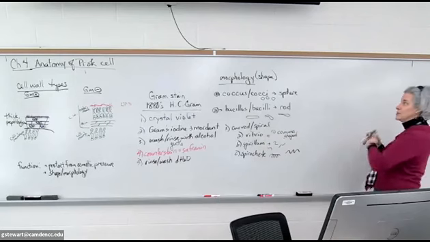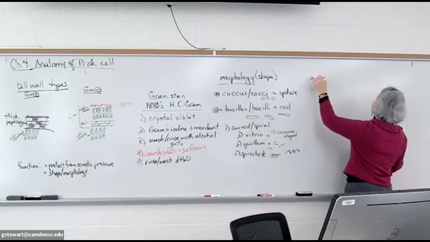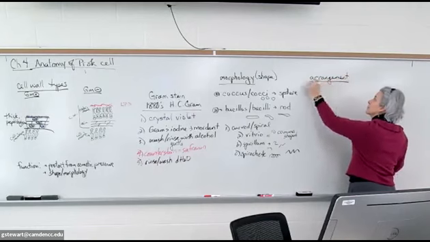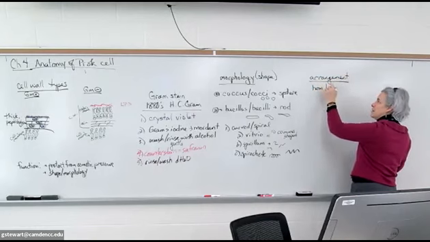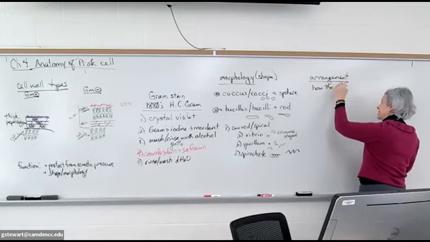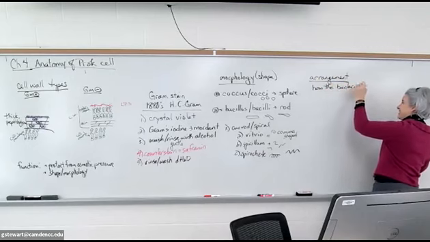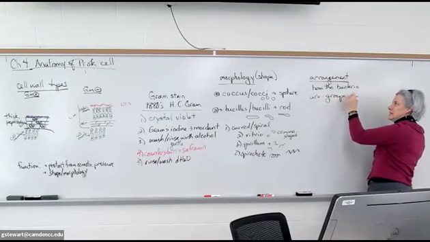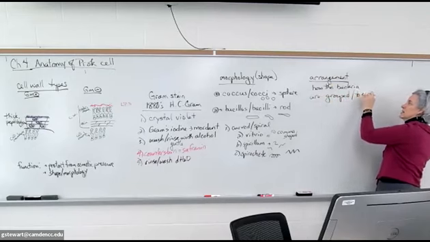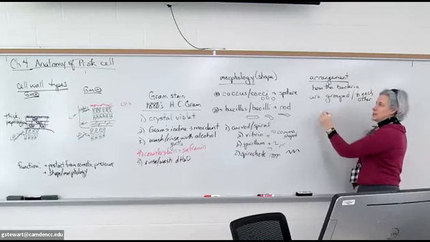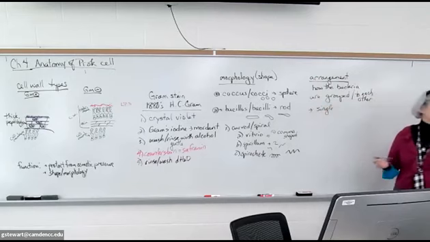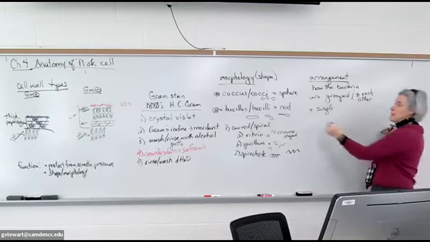And I would remind you that the arrangement is how the bacteria are grouped, meaning in relationship to each other. The choices for arrangement are going to be single, which is pretty obvious, just one.